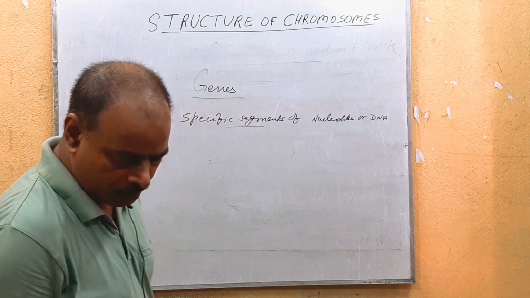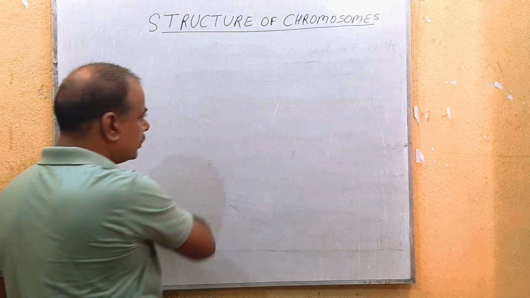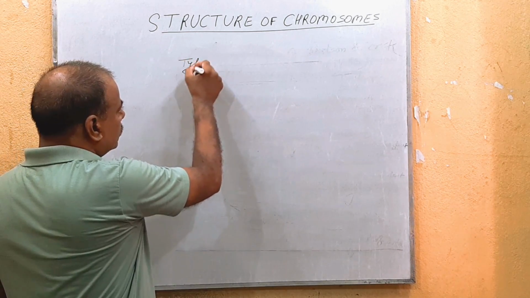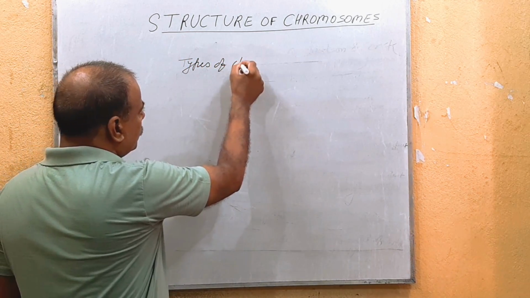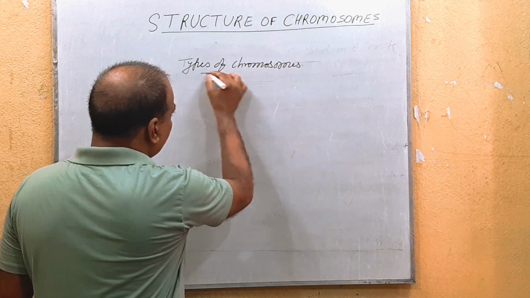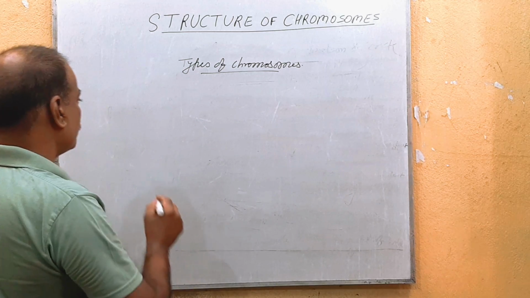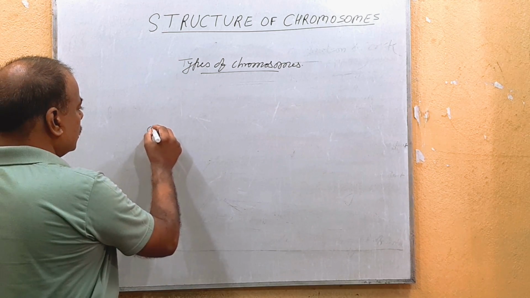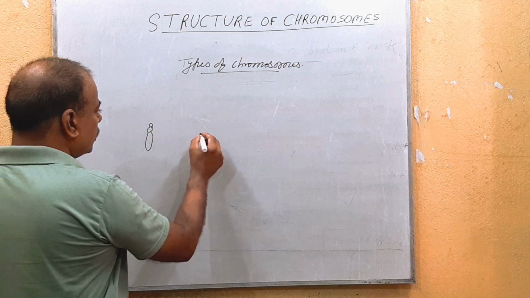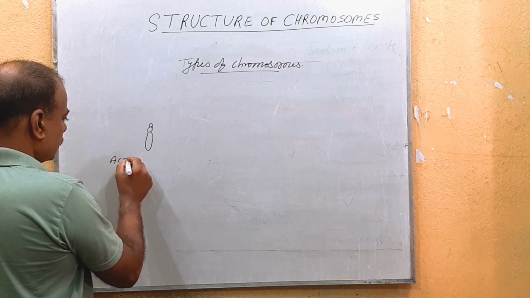heredity. Now one more thing, types of chromosomes. There are usually 4 types of chromosomes. These are: number 1, acrocentric.